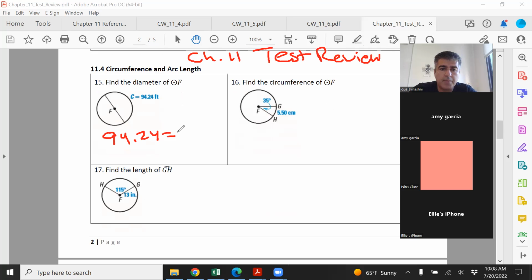You have to find the diameter, so you can set it equal to pi d or 2 pi r, same thing. You get 30.01.